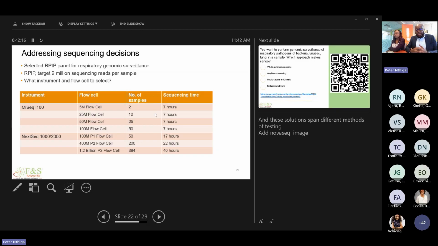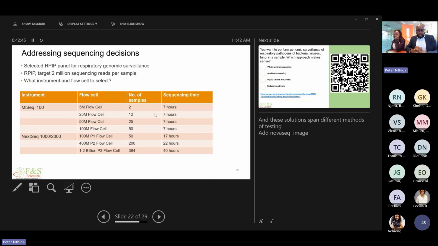The key question that can come here is, what instrument do we need to select to be able to address this? One of the key things that Illumina does very strongly is scalability when it comes to these solutions. As you can see on this screen, there's quite an array of options on, for example, flow cell configurations that you can go for.